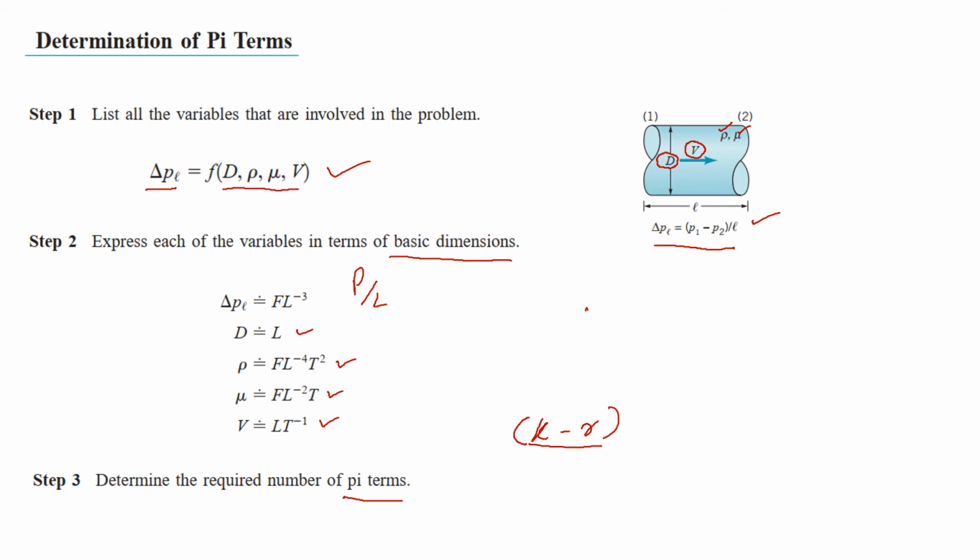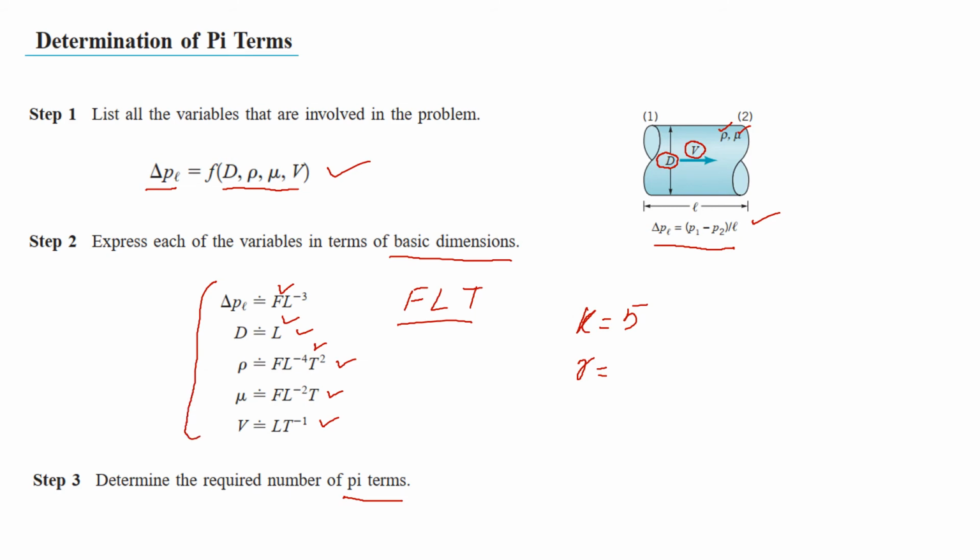So K is equal to 5, and R is the minimum number of reference dimensions that are required to represent these variables. So the minimum number of reference dimensions, as you can see, are F, L, and T. You know that F, L, T are the minimum number of reference dimensions, as we already discussed in the previous slide, that are required to represent all these variables.